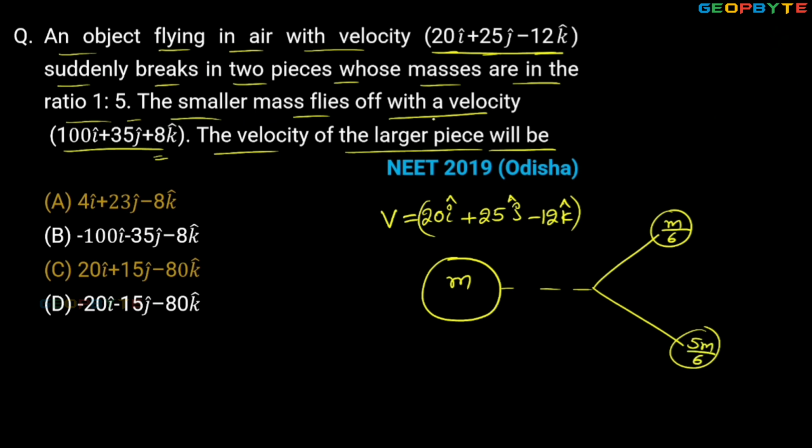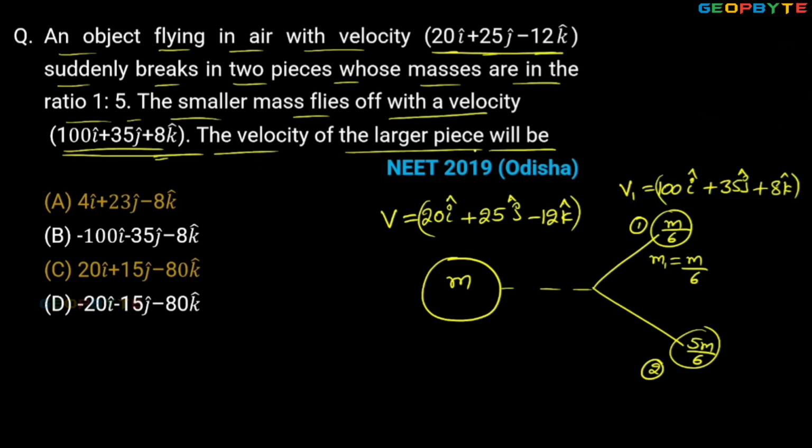The smaller mass flies with the velocity given. This is the smaller mass, m by 6, and it is maintaining that velocity. Let this be piece 1 and this be piece 2. I can say m1 equal to m by 6 with a velocity v1 equal to 100 i cap plus 35 j cap plus 8 k cap.